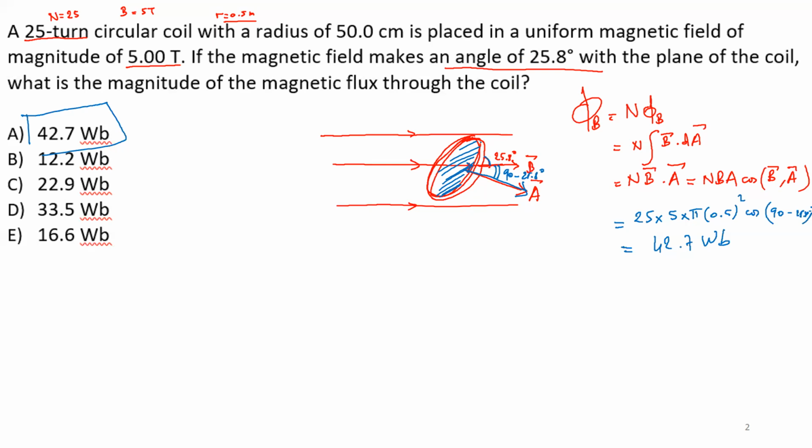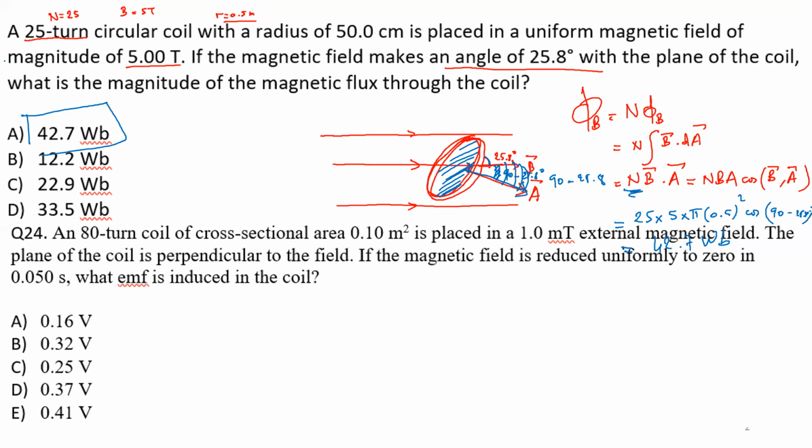I need the complementary of that angle. I need the angle between B and A, basically this angle here, which is just 90 minus 25.8 degrees. Again, don't forget to multiply by N, the number of turns. If the number of turns was 1, of course, I would just put 1. Next question.